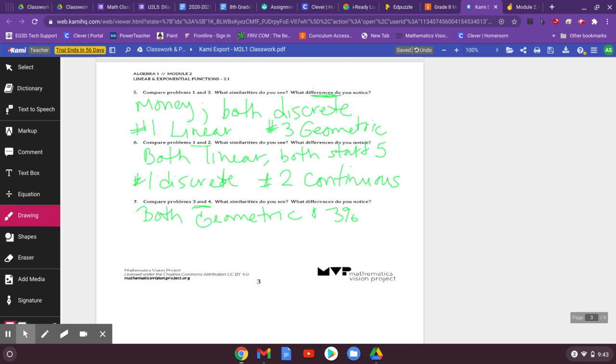One was earning 3%, one was draining 3%. So differences, one was going up, one was going down. So 3 was going up, and it was discrete. Number 4 was going down, and it was continuous.